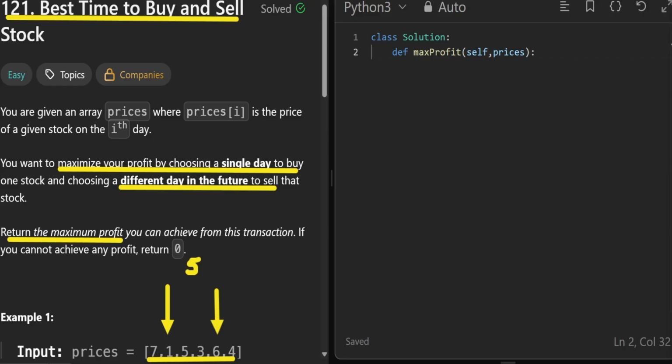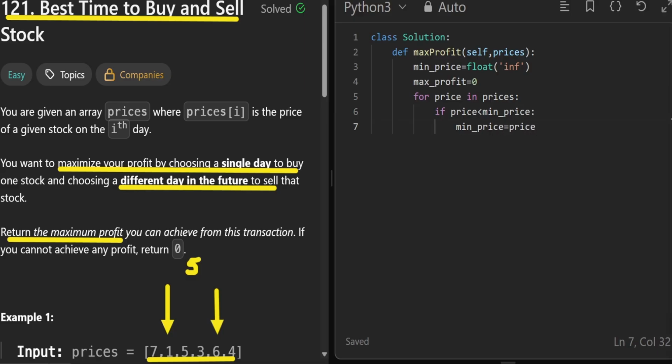Let's code it up. First, we set min price to infinity, so any price we see will be less than it initially. We set max profit at 0, no profit yet. Then for each price in the list, if it's less than our current min price, we update min price because this price is better to buy.